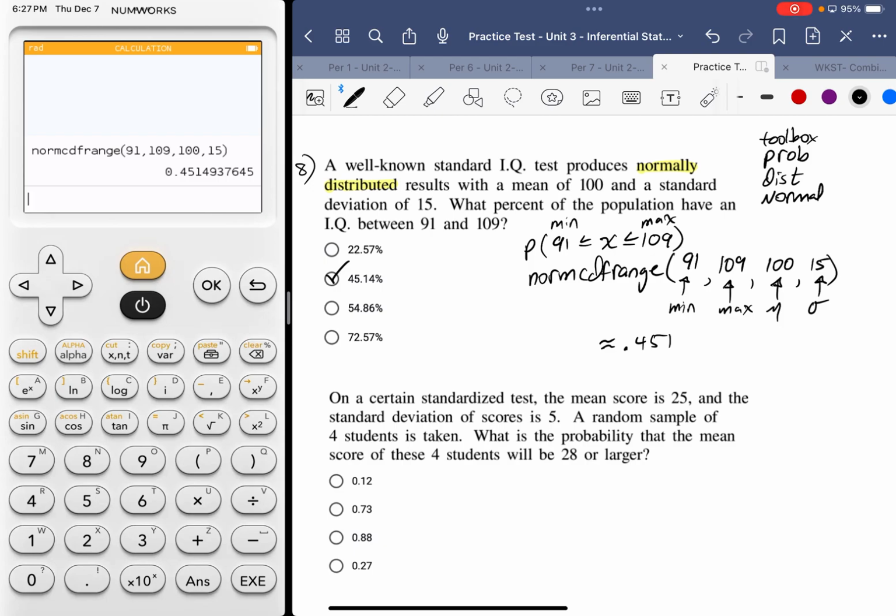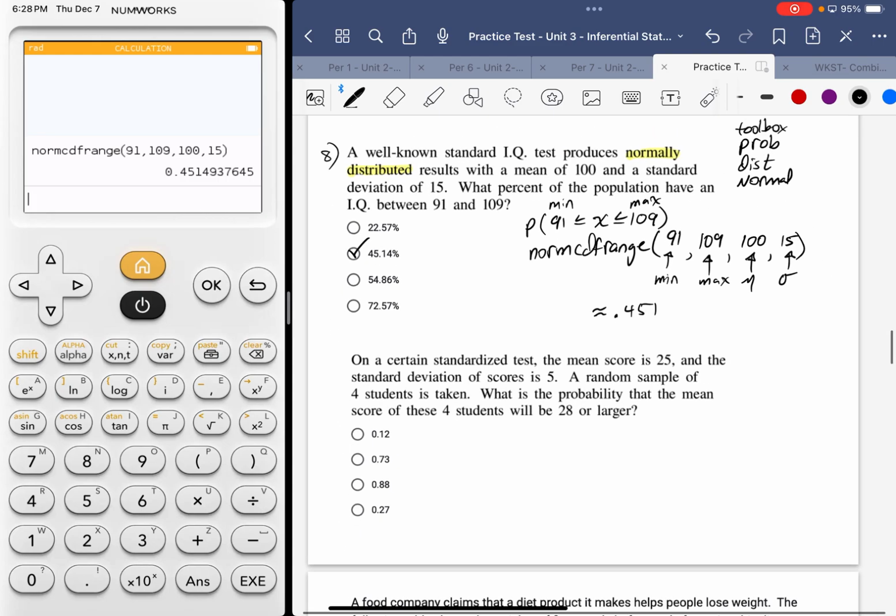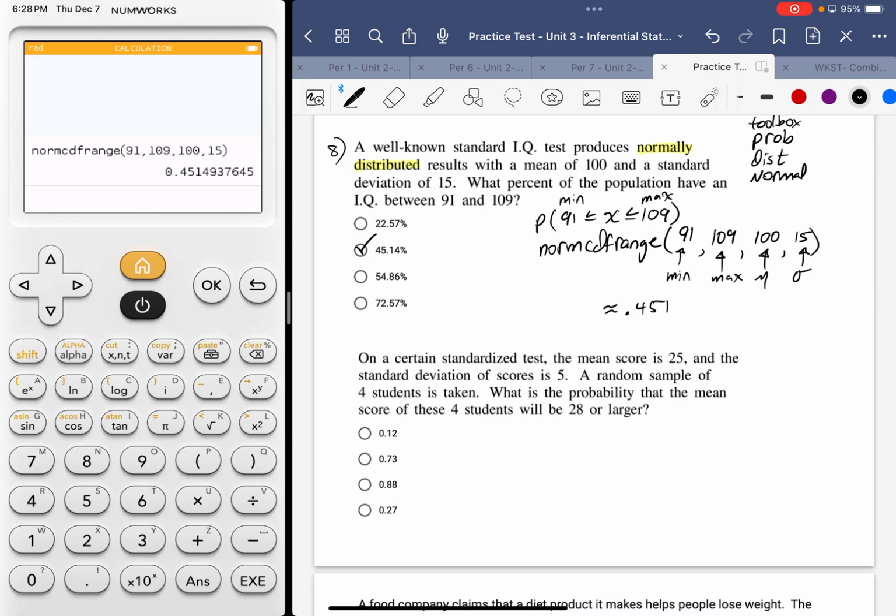Now that contrasts with the next one, which talks about a group of individuals. It asks what's the probability that the mean score of the 4 students will be 28 or larger. So the notation is the probability that X bar is greater than or equal to 28. For this certain standardized test, we know the mean score, the standard deviation, and the sample size.